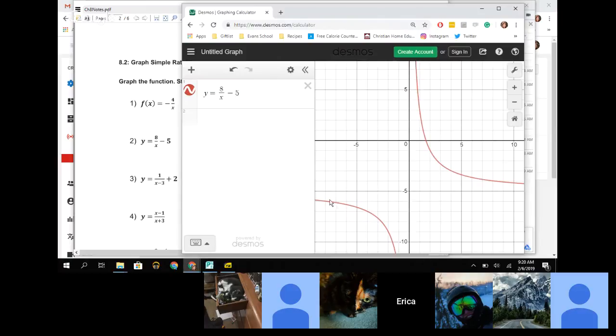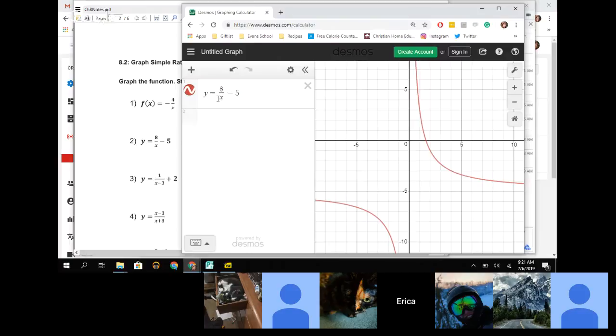The domain would be all reals except x equals 0. The range is going to be all reals except y equals negative 5. Y cannot equal negative 5. Why can y not equal negative 5? We know x can't equal 0 because 8 divided by 0 is undefined.